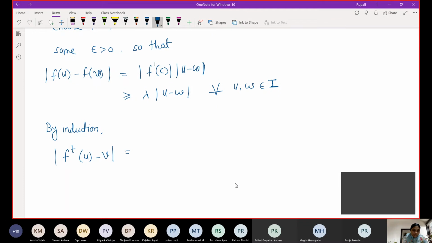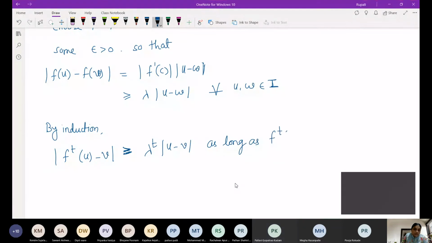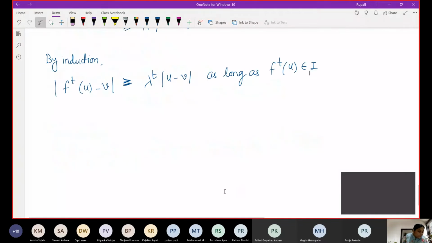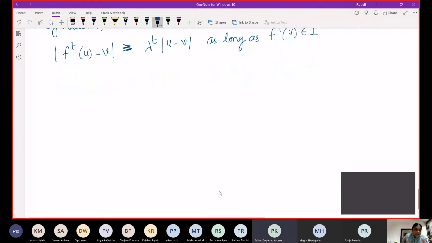Same, if I apply, it will be greater than or equal to lambda raised to t times mod of u minus v, as long as f raised to t at u belongs to I. But what is my lambda? Lambda is strictly greater than 1.